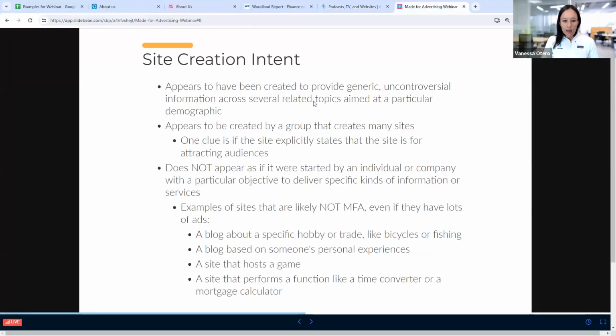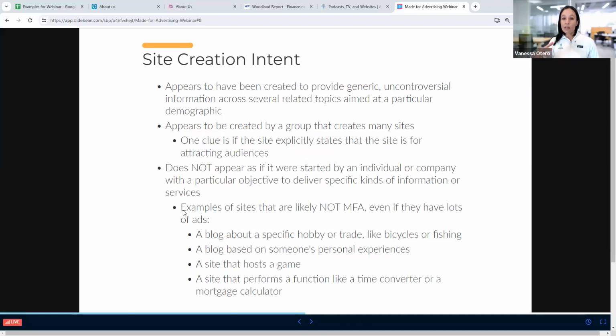There we go. So if it appears to be created by a group that creates many sites, like the site says it's explicitly made for attracting audiences, like I just showed you there. If it does not appear that it was started by an individual or a company with a particular objective to deliver specific kinds of information or services.